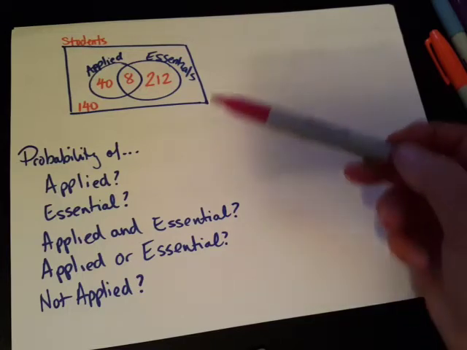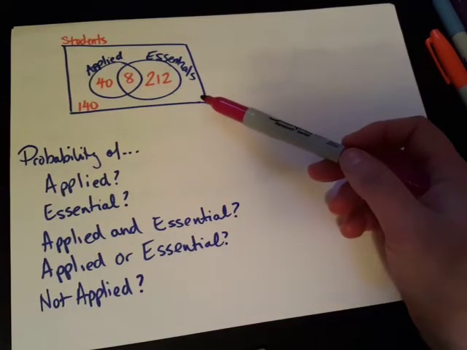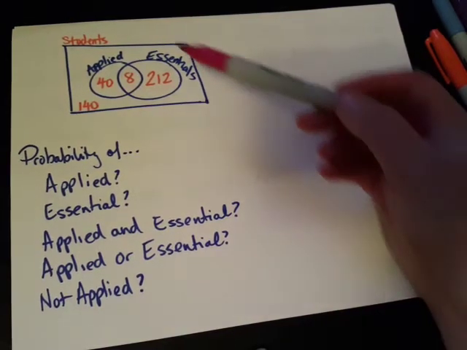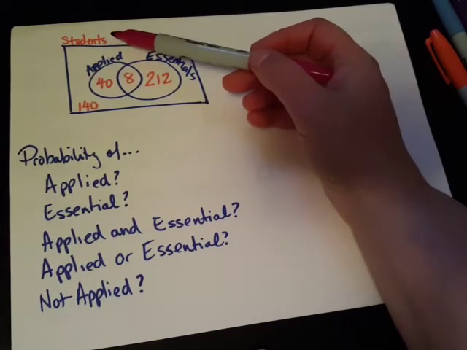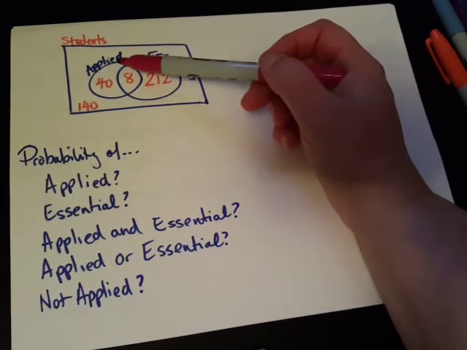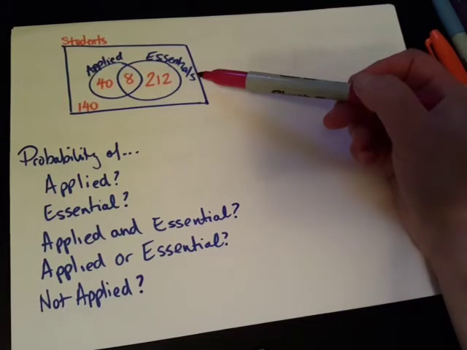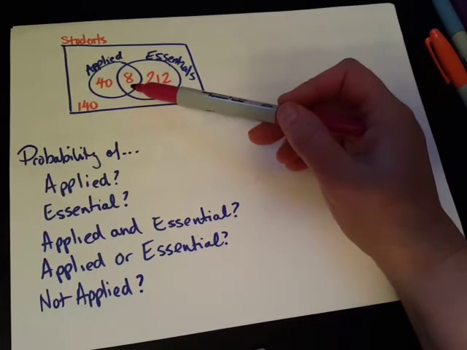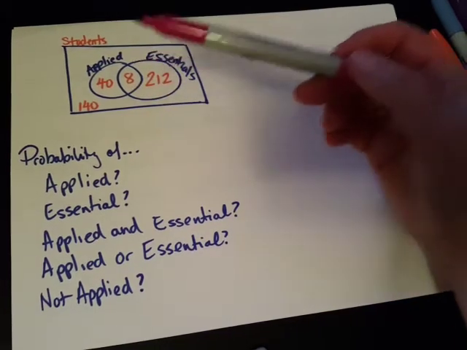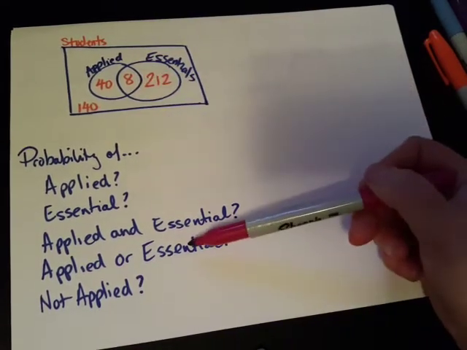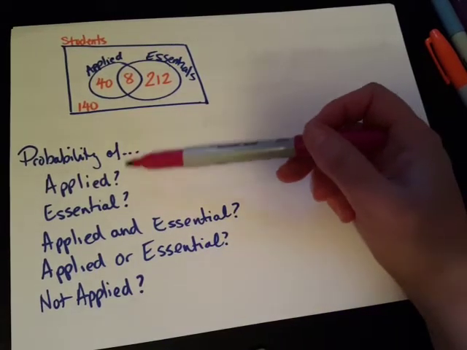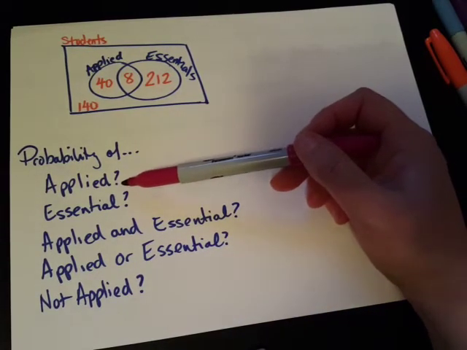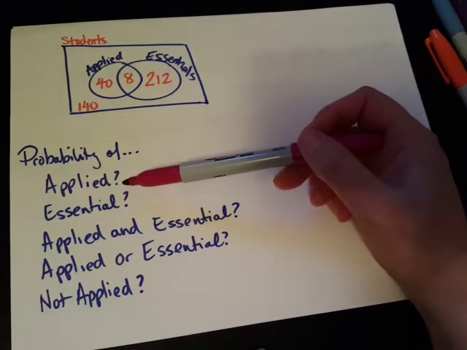So here's a sample that's similar to what we were just looking at. We've got a set of students. We have a group of applied students. We have a group of essential math students. And lo and behold, there's some students that are actually taking both. So we're just going to interpret this diagram here. So what's the probability that a student is in an applied class?